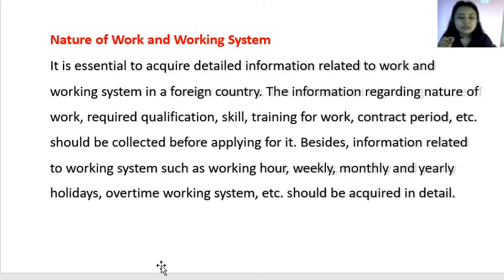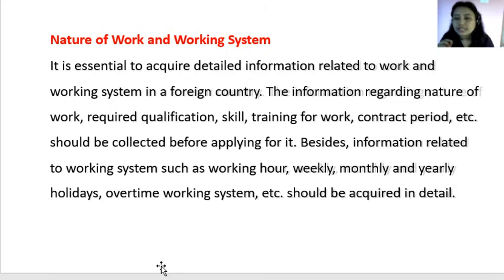And how much is to be paid? Either you will be paid weekly, hourly, monthly, or yearly. And what are the holidays given? How many holidays are given in a week, either 1 day or 2 days, Sunday or also Saturday, and what sort of vacation requirements are there.